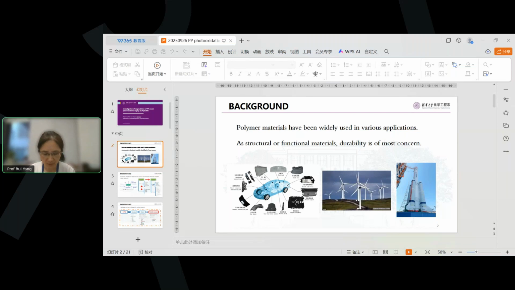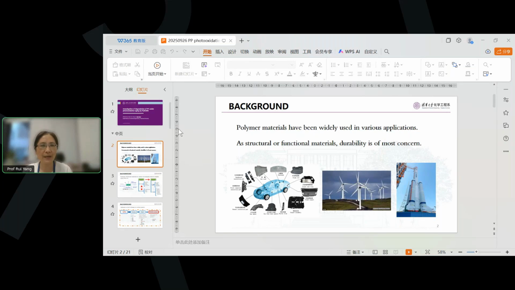Okay, now let's continue. As we know, polymer materials have been widely used in various applications. If you look at vehicles, wind turbines, and rockets, you can find a lot of polymer materials. As structural or functional materials, durability and stability are of most concern.